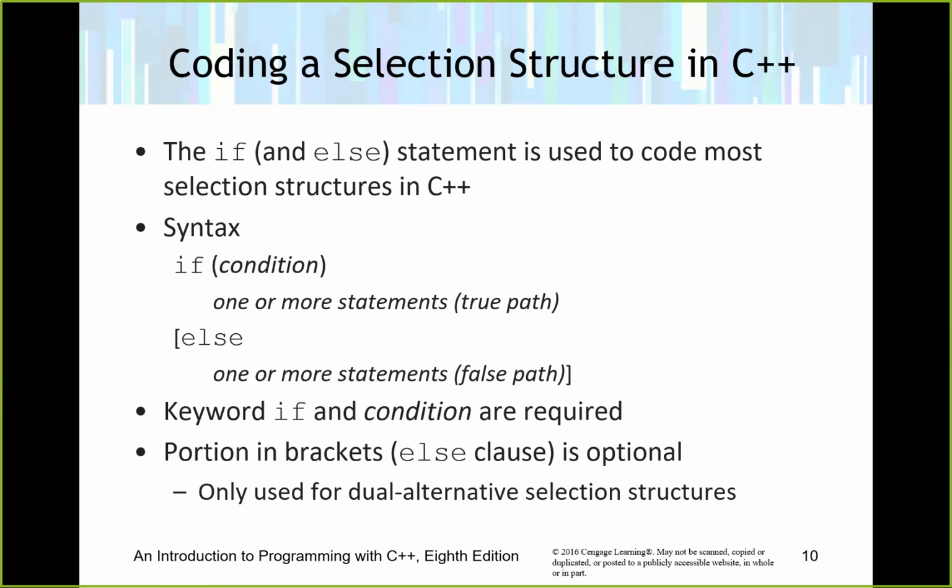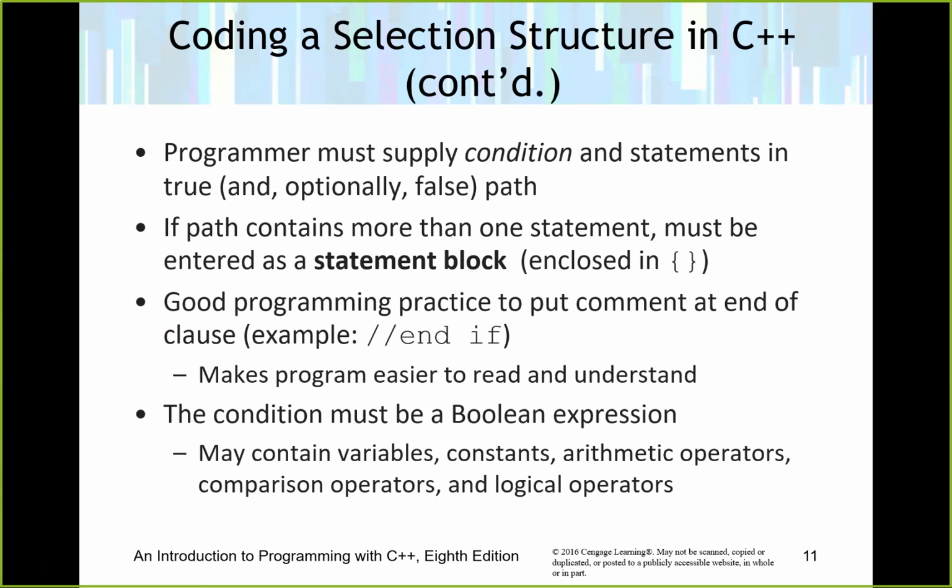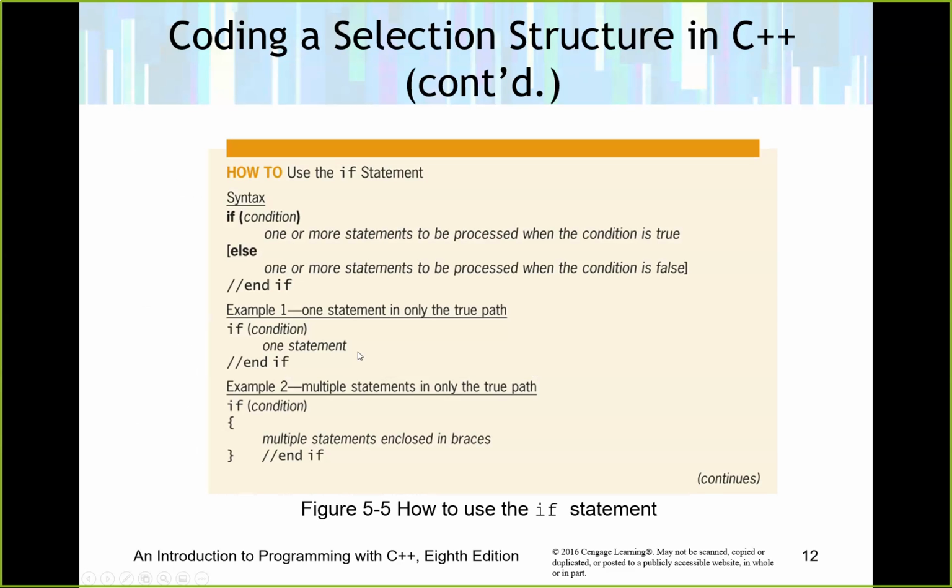For instance, if you're checking if something is odd or even, you can say if the number modulus 2 equals 0, that's the if condition, then you put cout this is even, else cout it's odd. Then you need to end it with the blocks, and I'll show you more on that in a bit, because there are different ways of doing the same thing.